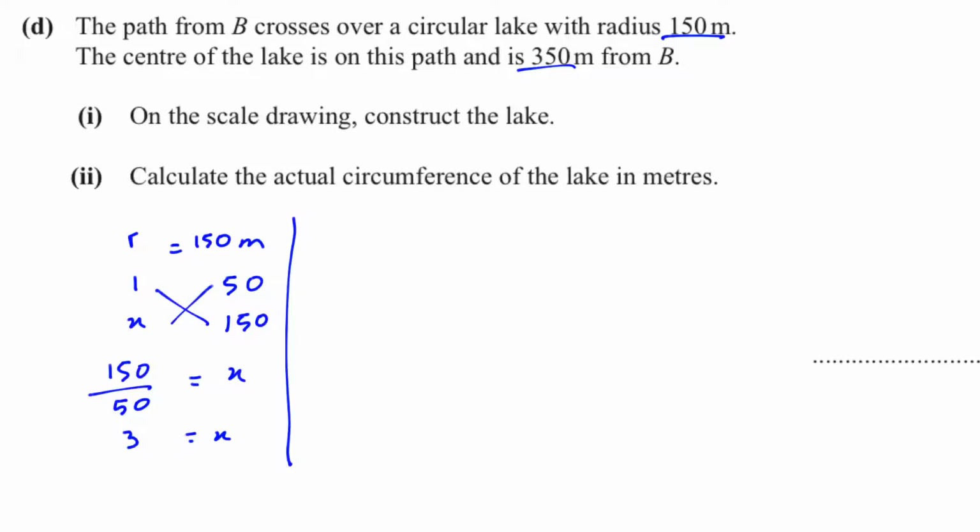Then 350 meters from B. Again, we are going to write 1 centimeter and x is equal to 350 meters. Cross multiply. 350 divided by 50 is 7 centimeters. So we will construct this on our graph that they've been given us.